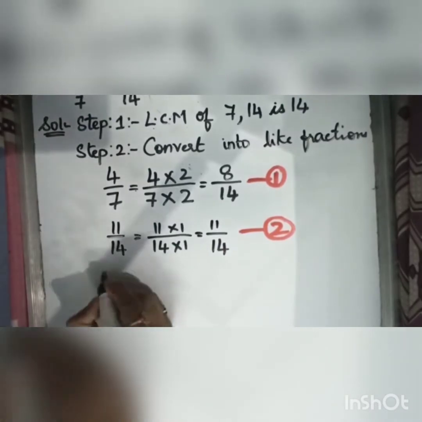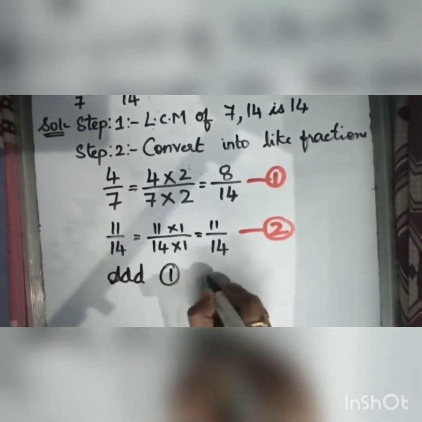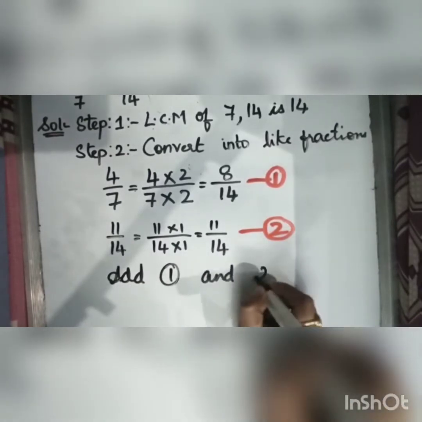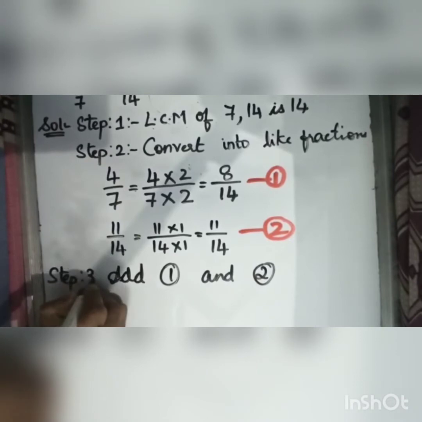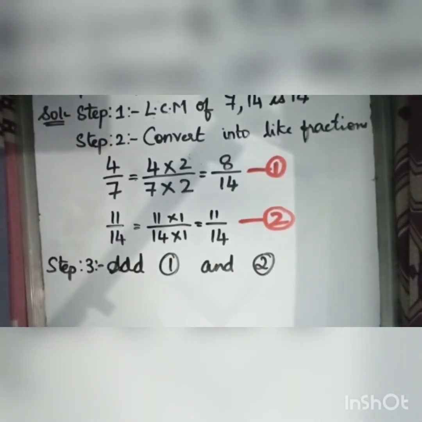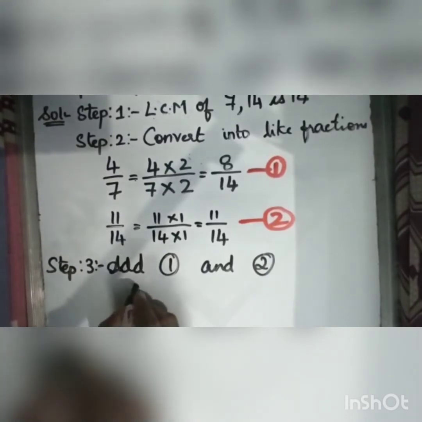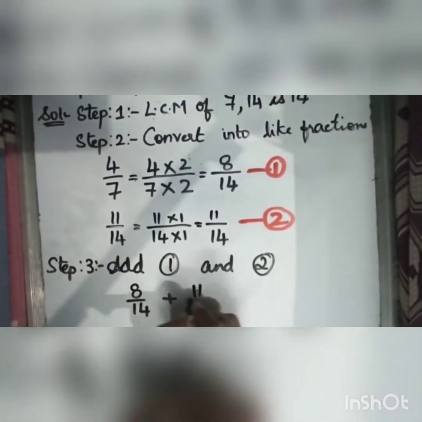Now the next step is to add 1 and 2. Now write down what is 1 and what is 2. 1 is 8 by 14 and 2 is 11 by 14.